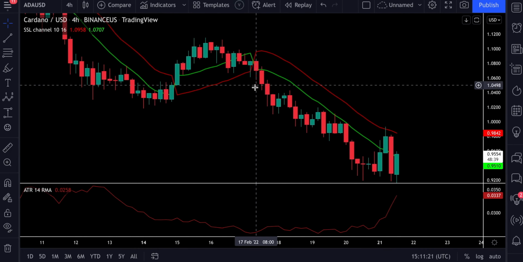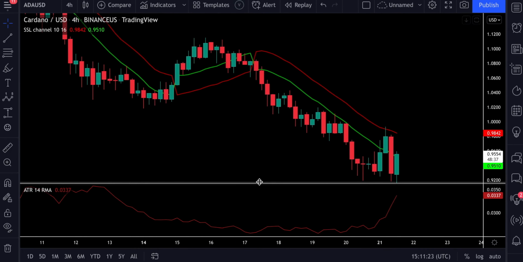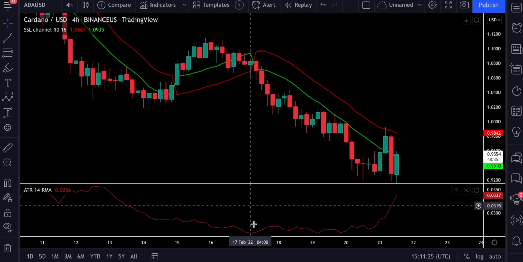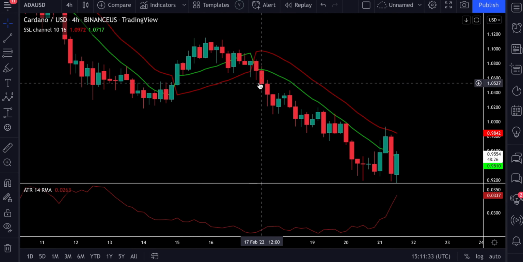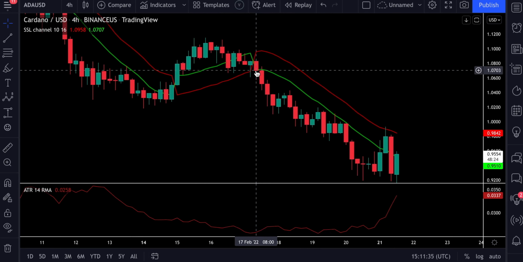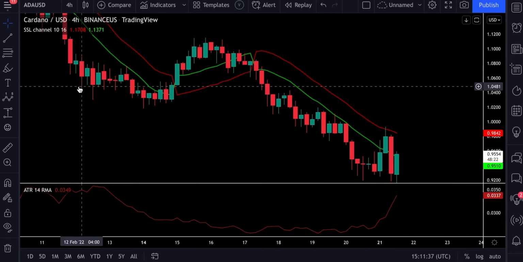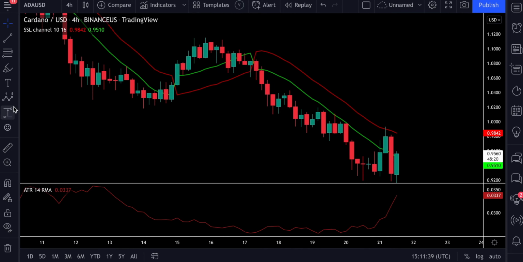So now let's take a look at the value of the ATR whenever we enter the trade right there. It sits at around 0.025. We want to keep this number in mind because we're going to use this ATR to figure out our stop loss level. So what we want to do is put our stop loss at 1.5 times the ATR.